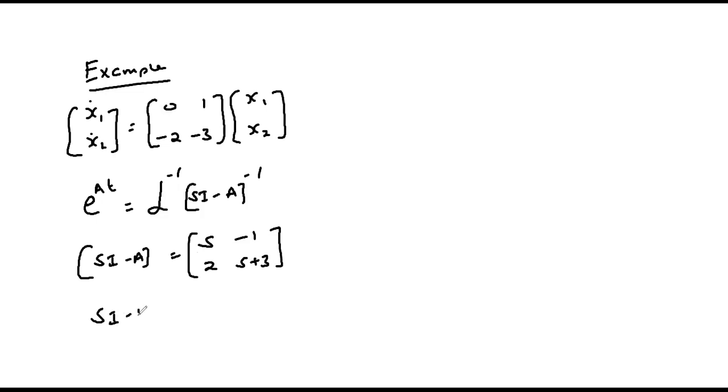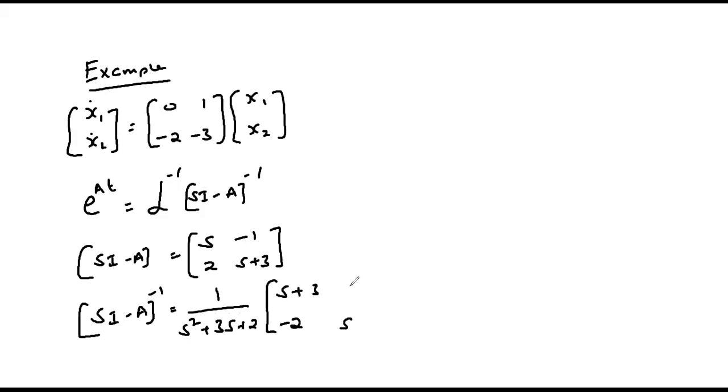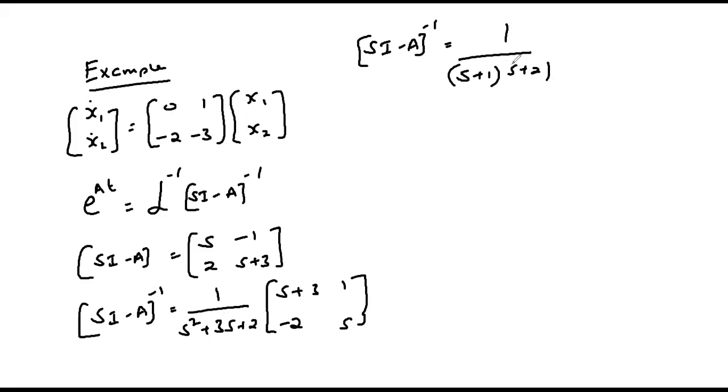Then (sI minus A) inverse will be 1 over the determinant, which is s squared plus 3s plus 2, times the matrix where we interchange the terms of the major diagonal, s plus 3 and s, and negate the terms of the minor diagonal to negative 2 and 1. We can write the determinant in terms of its factors as (s plus 1)(s plus 2).